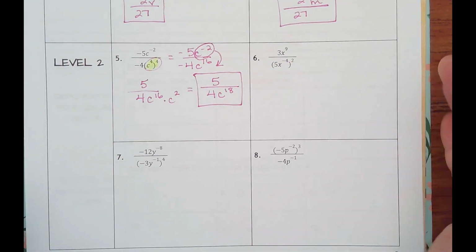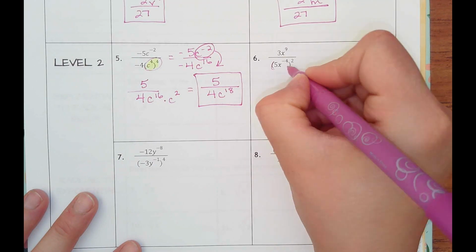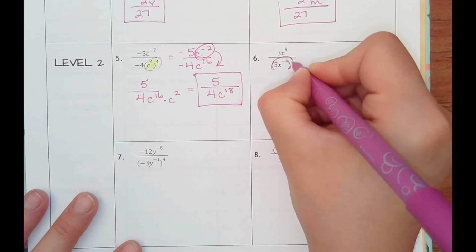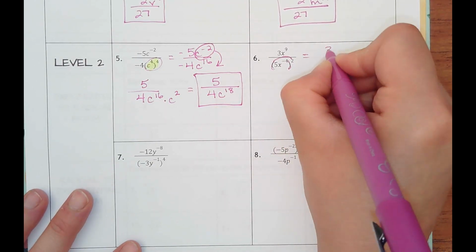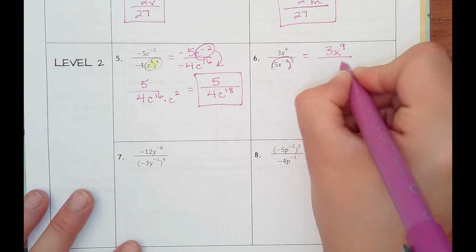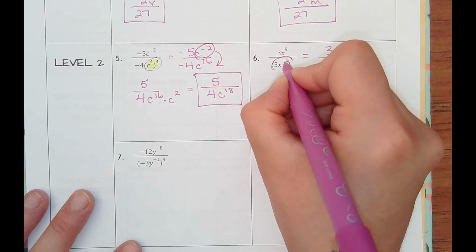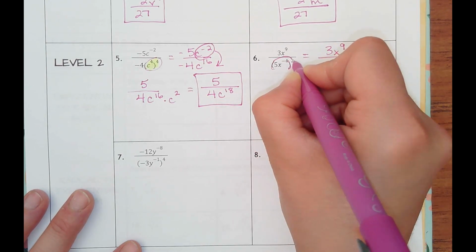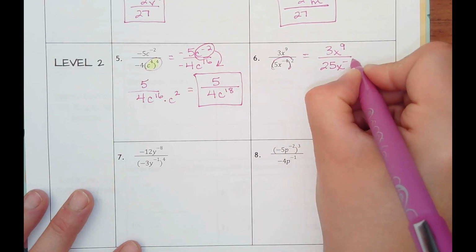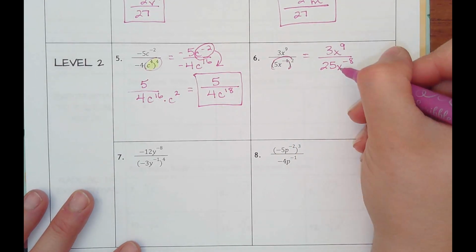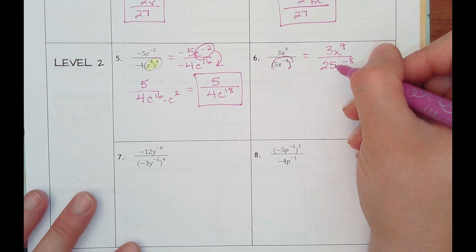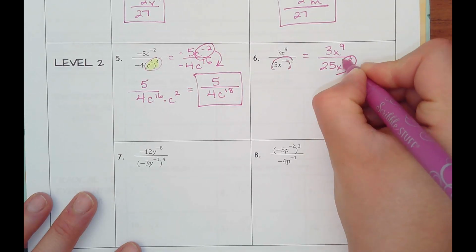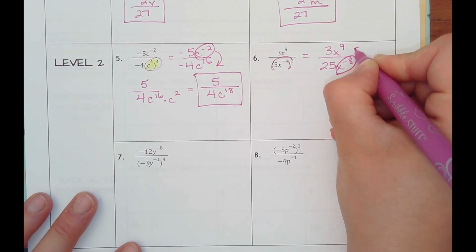Okay. Number 6. We've got our power rule here, so do that first. That would be 5 squared, which is 25, not 10. -4 times 2 is -8. Okay, 3/25 cannot be reduced, but I'm going to take this negative exponent and move it to the top.